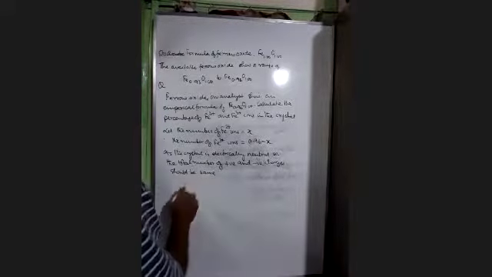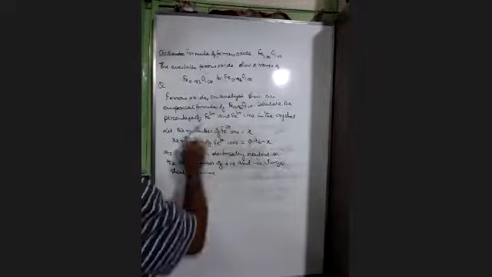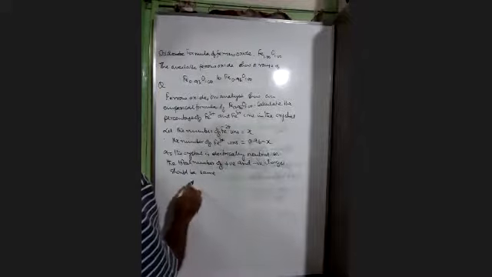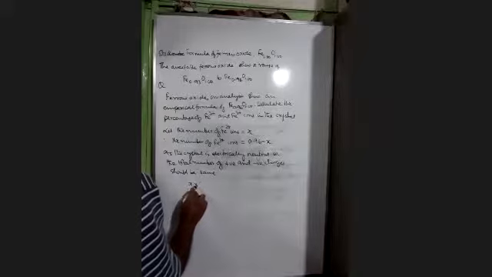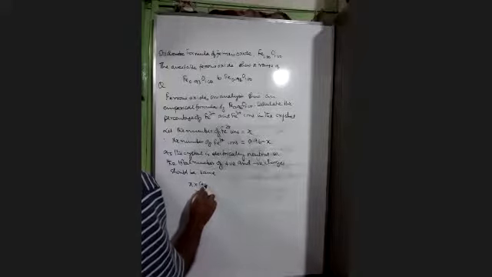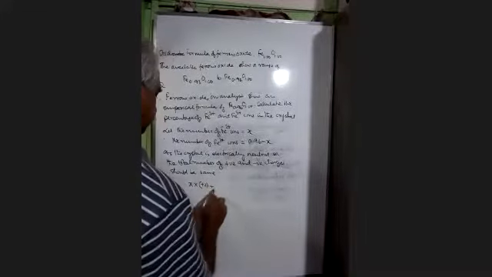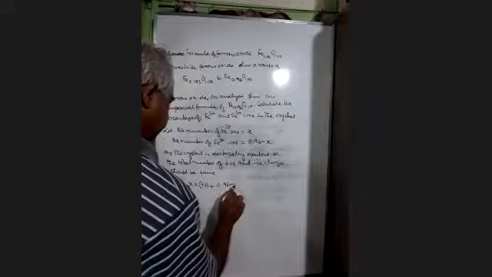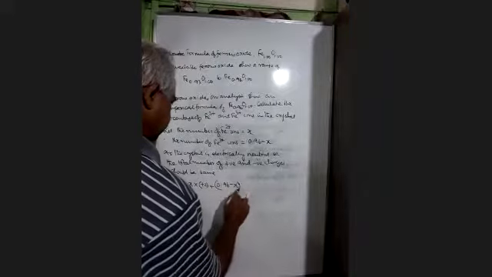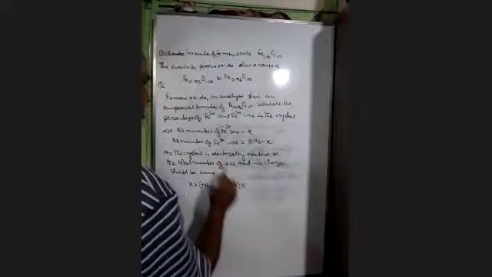So I'll write now. What is the charge of this? +2. So what we can write now is x into +2 plus 0.96 minus x into what is the charge? +3.